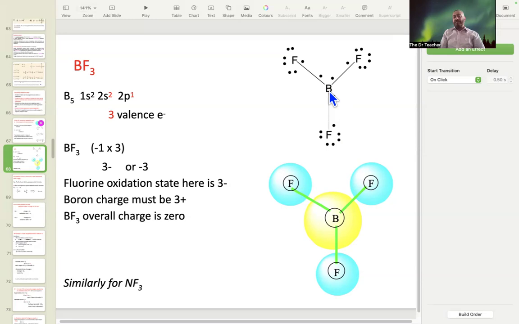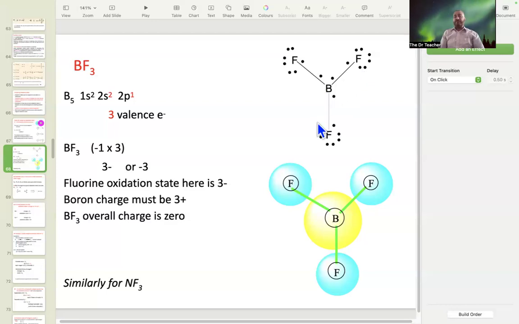The boron will give all 3 electrons to the fluorine. 3 electrons will make 3 single bonds, whereas the other 6 electrons for each fluorine will form 3 lone pairs, free, not for bonding. When I say free, it means it's not bonded.